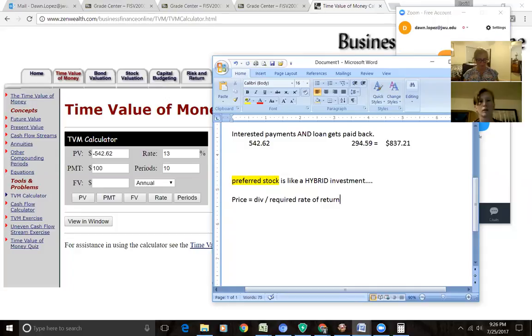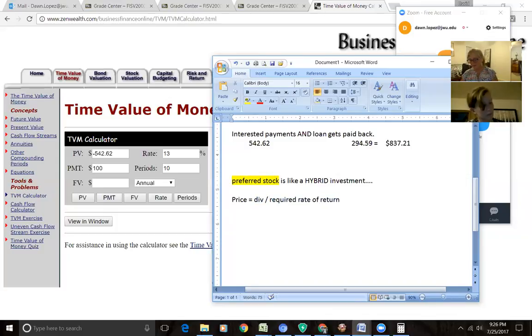I don't get into D subscript 0, which is basically the first year, and the P with the little symbol above it is the price. But very, very simply, if you're computing the price of a zero growth stock or a preferred stock, the price is equal to just the dividend divided by the required rate of return.